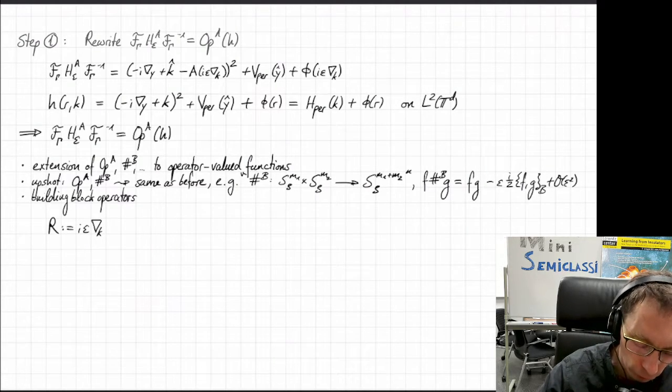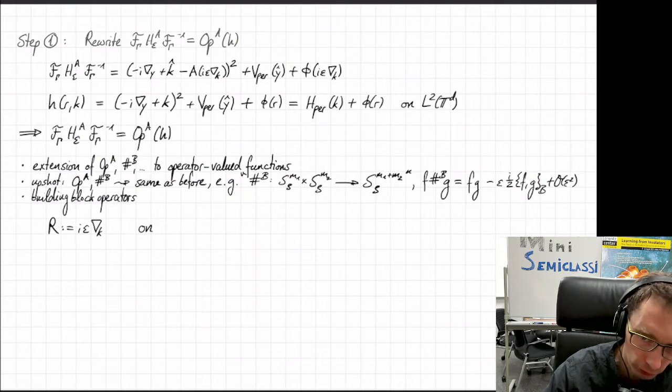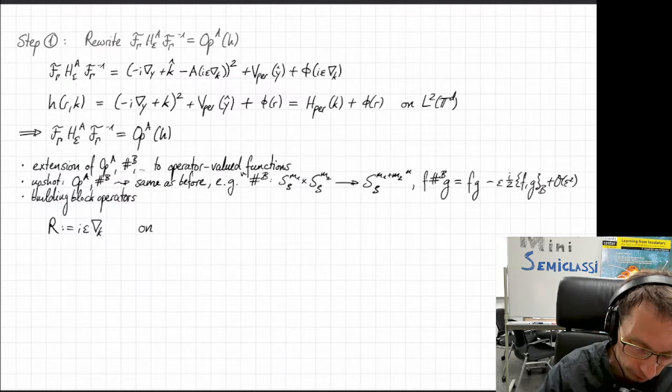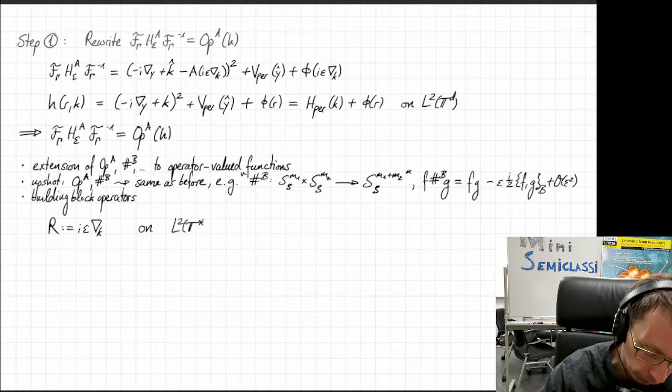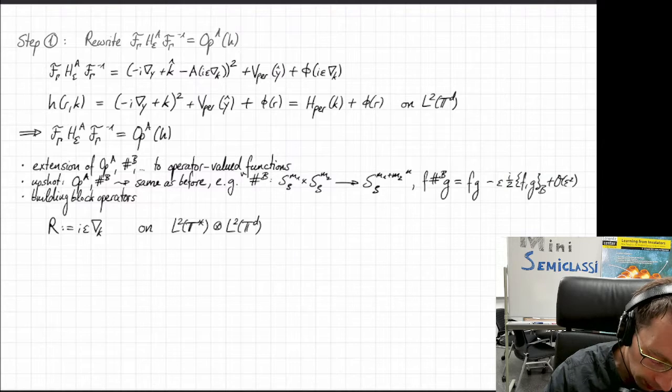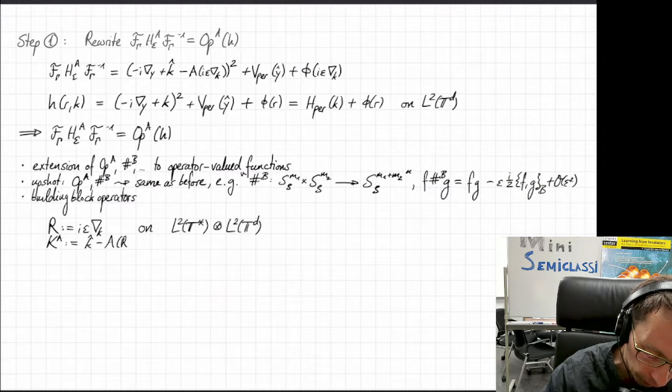In the definition of the domain, you have to include some twisted boundary conditions, but I don't want to get too much into this for the purpose of this talk. And then you have the kinetic momentum, which is multiplication with k minus A of capital R.